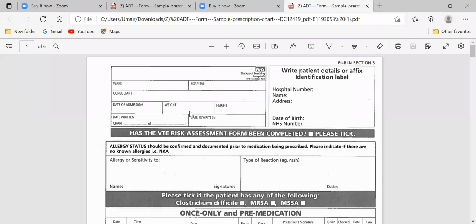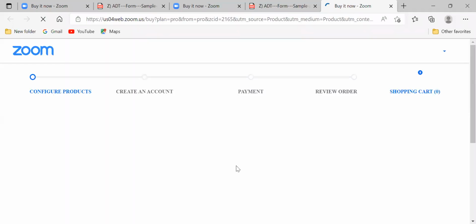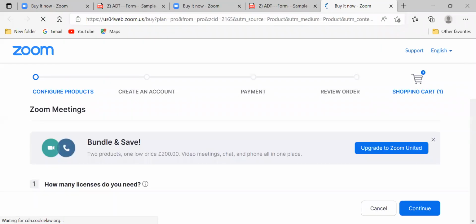Okay, so this section is going to be explained again in the next 10 minutes. So we have to write 450 mg for gentamicin.